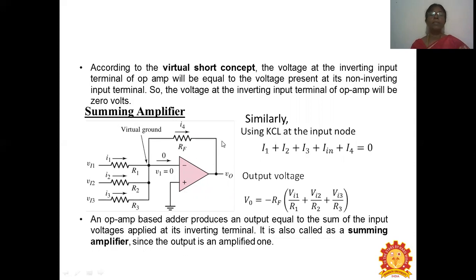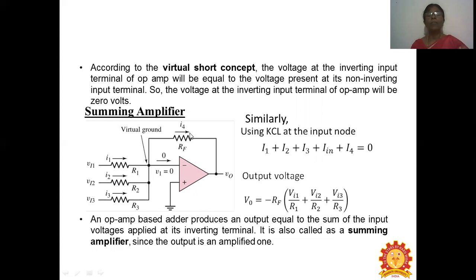Next type, summing amplifier. This is the circuit diagram of the summing amplifier. Here there are three different voltages applied to the inverting input of the summing amplifier circuit through the resistors R1, R2 and R3.